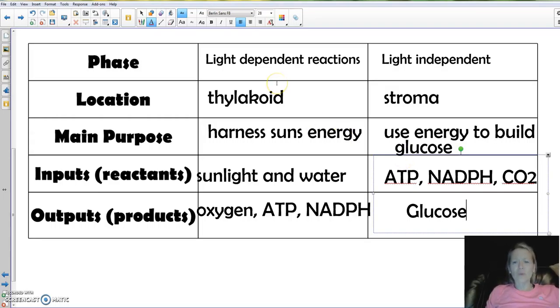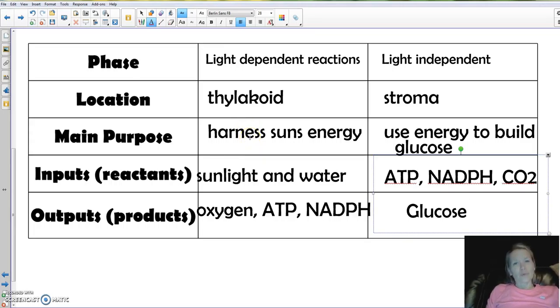So let's just quickly go through this, and then we'll move on to talking about the Calvin cycle. We've got 2 phases, light dependent and light independent, or the Calvin cycle. The light dependent happens in the thylakoid.